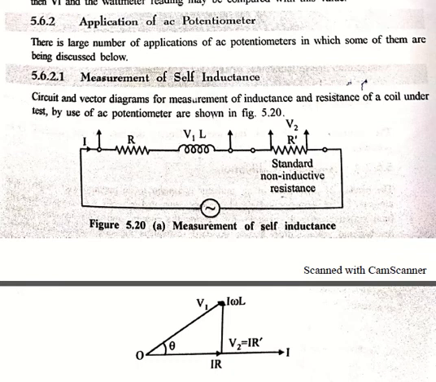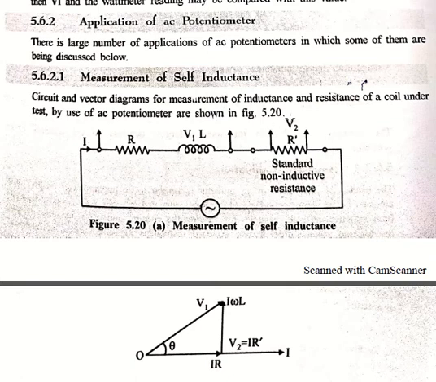So here is the circuit diagram for the measurement of inductance and resistance of a coil under test. This is the inductance and resistance of a coil under measurement, and by the use of an AC potentiometer we will find the self-inductance.